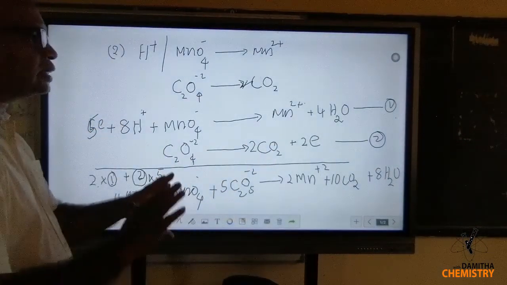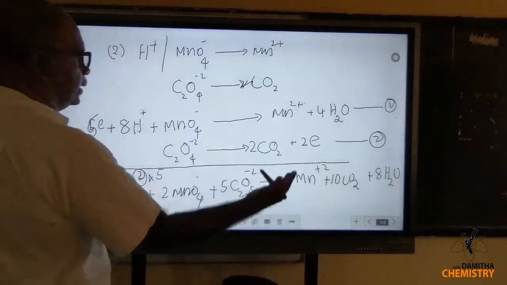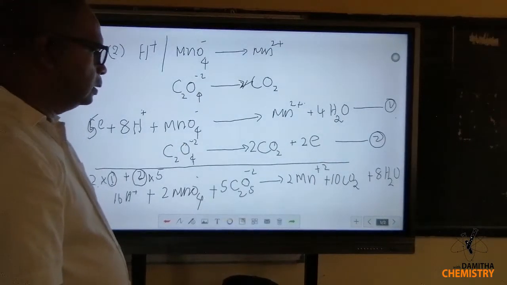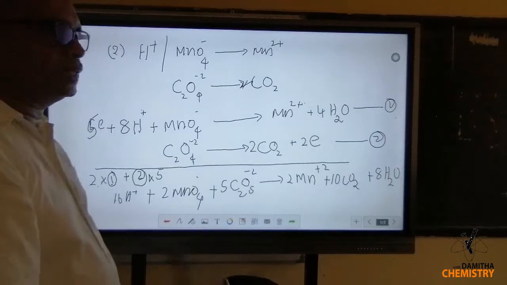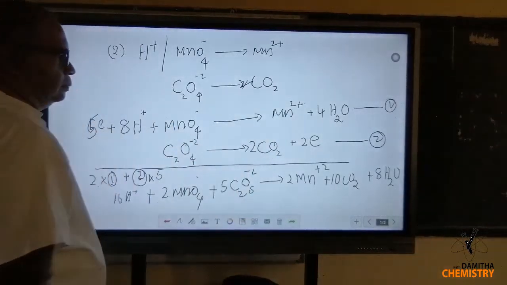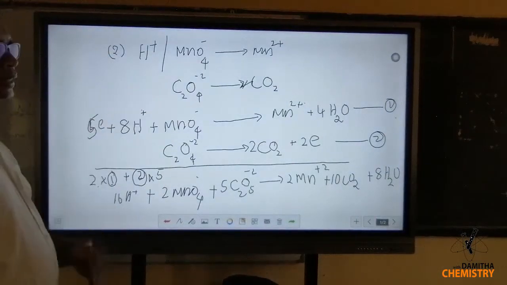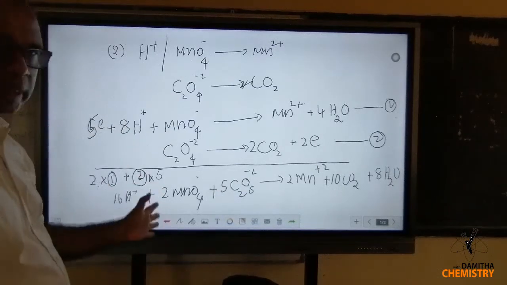Now charge is unbalanced: the left hand side is minus 2, and carbon dioxide is a neutral compound with oxidation number 0. Therefore, add 2e- on the right hand side. The oxidation half ionic reaction and reduction half ionic reaction are done.